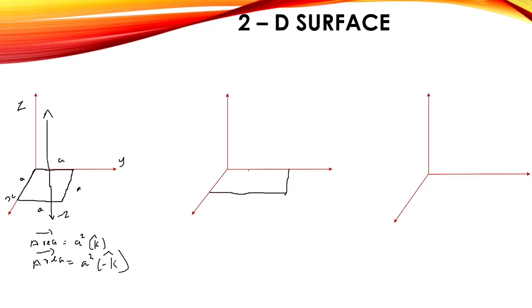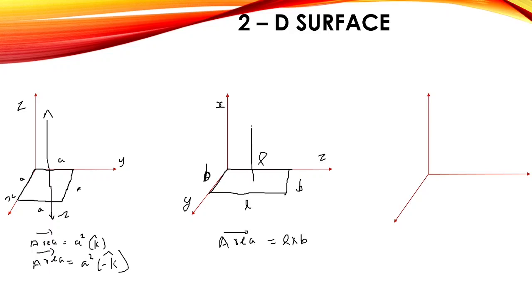Now let's consider a rectangle here. So this is my rectangle with length L and breadth B, and let's name the coordinates: this is y, this is x, and this is z. Again we know that the area of a rectangle is equal to length into breadth, so area is equal to L into B. What will be the direction?